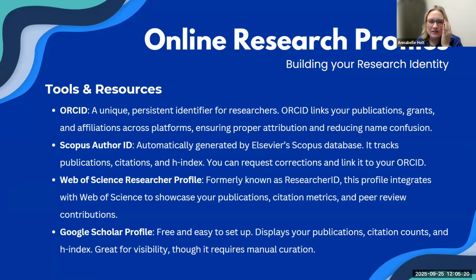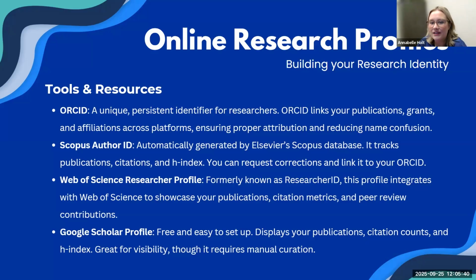So online scholarly profiles are these tools that help us manage and present our academic work. These profiles link authors to their publications, to their affiliations, and to their metrics, and are more and more being used. So 4 commonly used platforms are listed here on this slide.